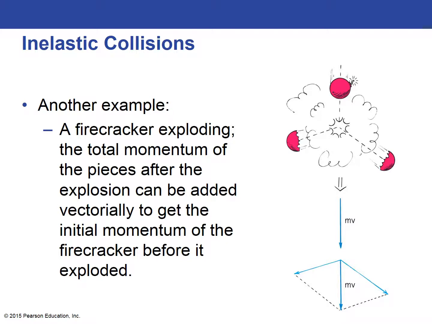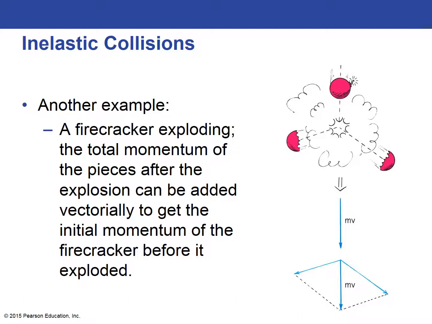The net result is that the sum of the momentum of the individual fragments of the firecracker will equal the original, shown as a downward arrow of mass times velocity, as one had before.